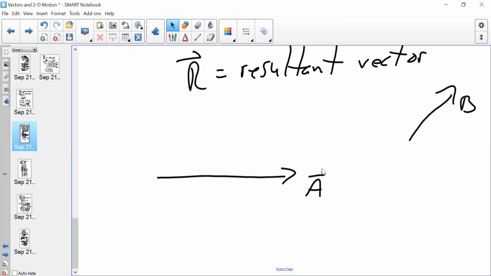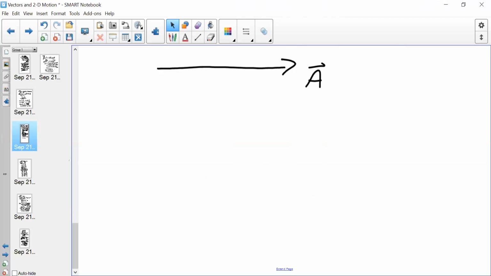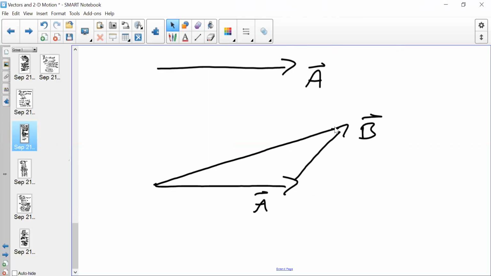But geometrically, we have to take the tip of A and attach it to the tail of B vector, and then draw the resultant vector from A to B, because that geometrically signifies the sum of A and B. So the A vector here, tip of A attached to the tail of B, and the resultant would just be not the hypotenuse, but that line here, from a scaling triangle in this case.